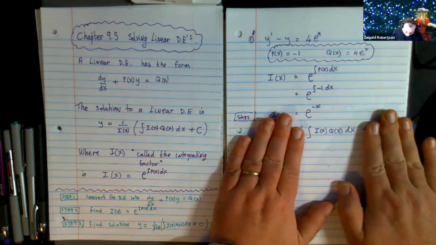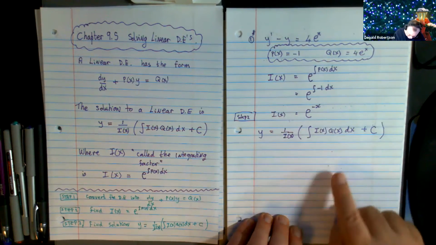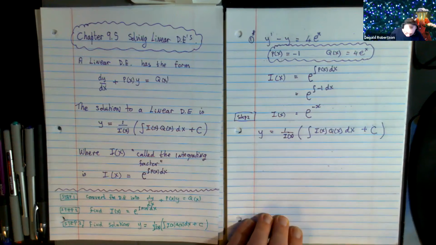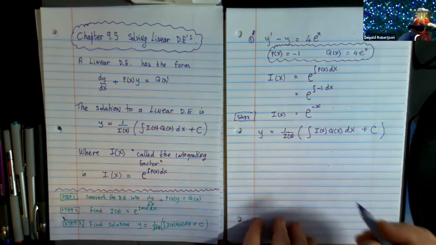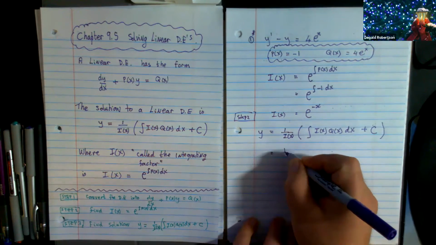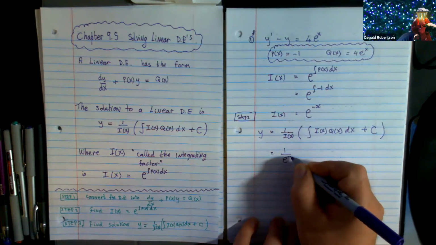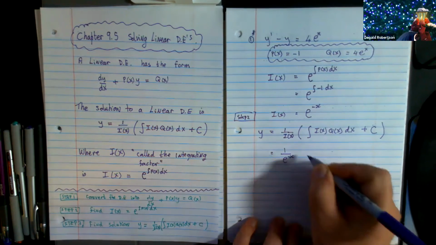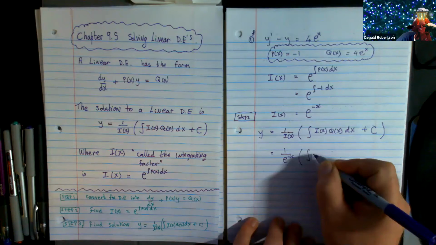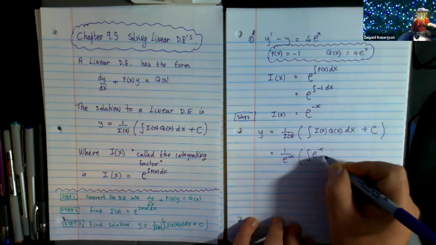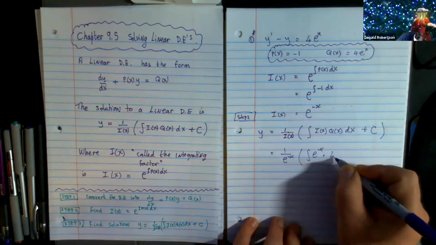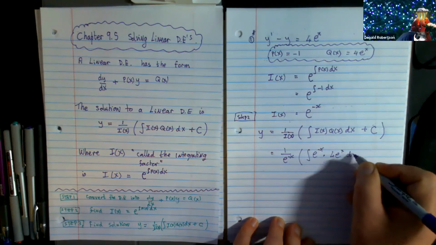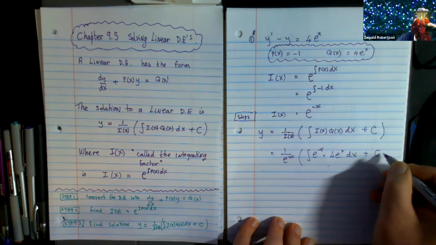And then once I got the answer, I'll return here and just stick that in, right? Depends on what's going on. This one is pretty easy, so I'm just going to do it in situ. So 1 over ix, the integral of ix times qx plus C.